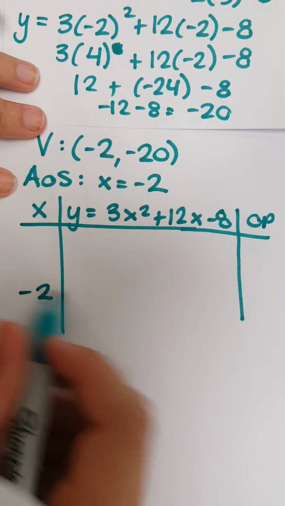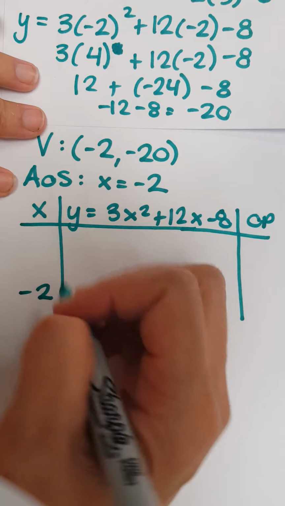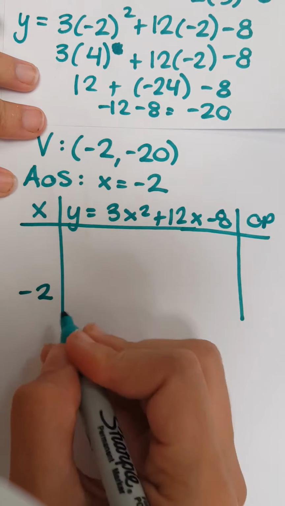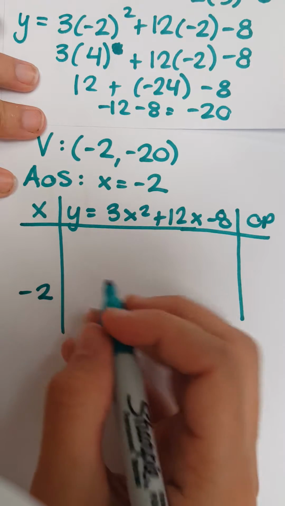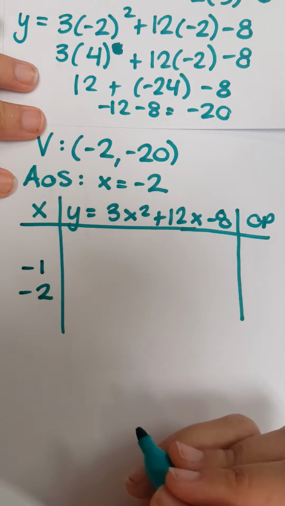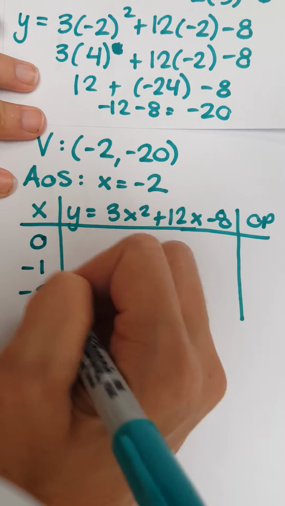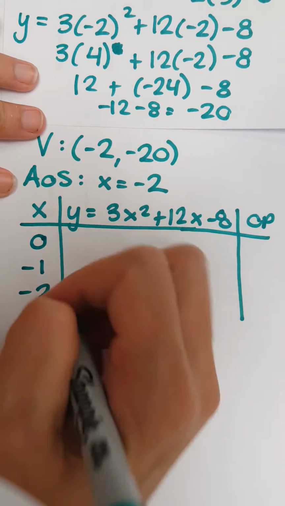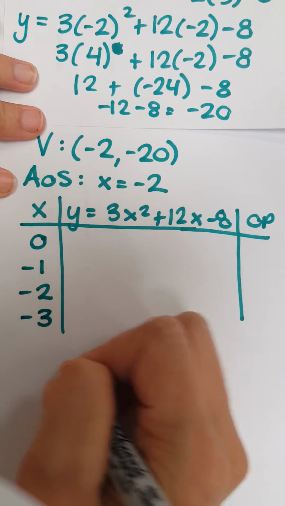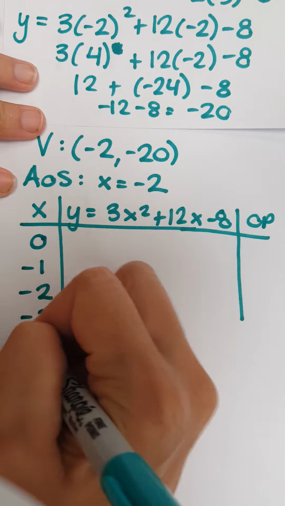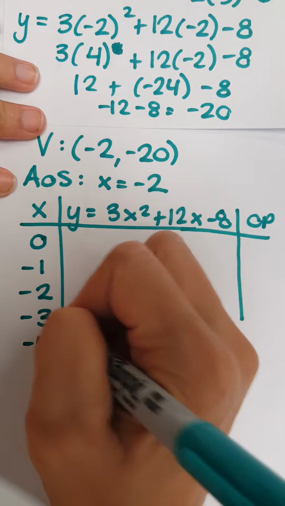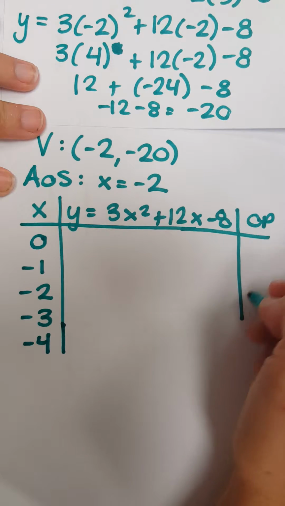Now, this is where we've been typically putting our 0. So we're going to go 2 above. What's right above negative 2? Hopefully you said negative 1. What's right above negative 1? 0. What's right below negative 2? Negative 3. What's right below negative 3? Negative 4.